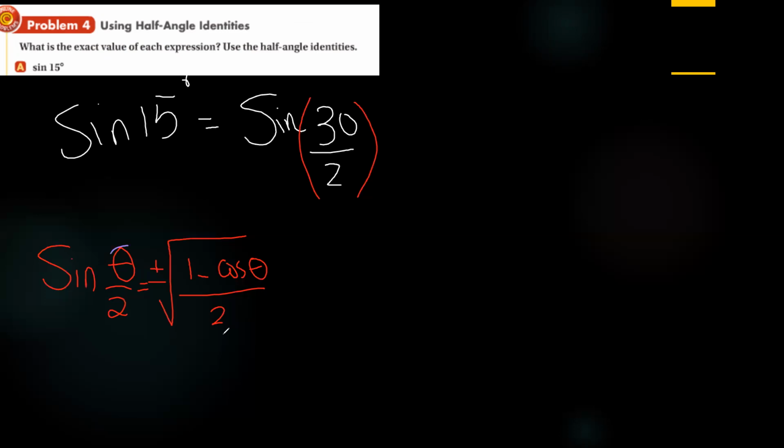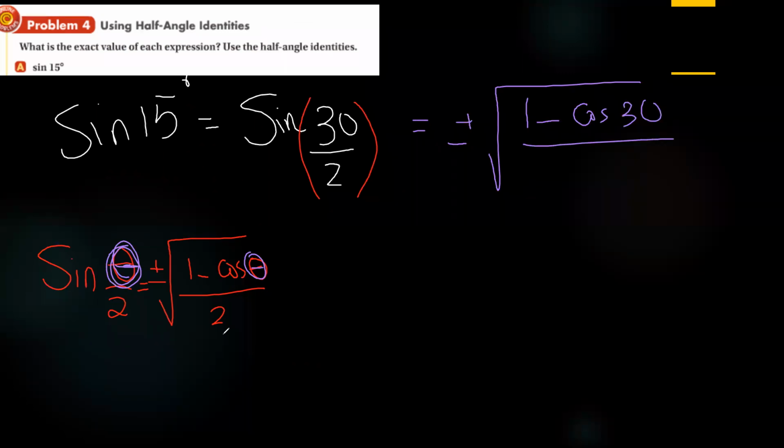So here, it will be the square root of (1 minus cosine of 30) over 2. So I replace theta here with 30.